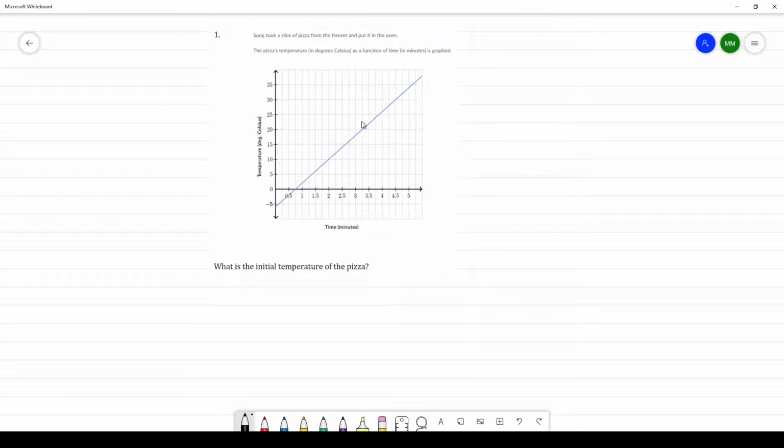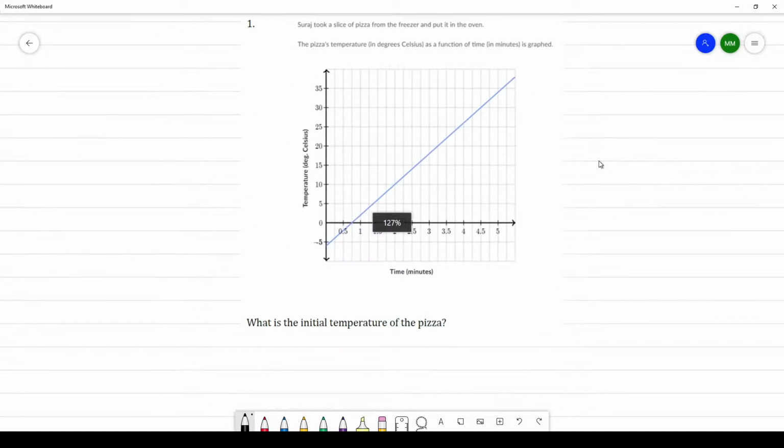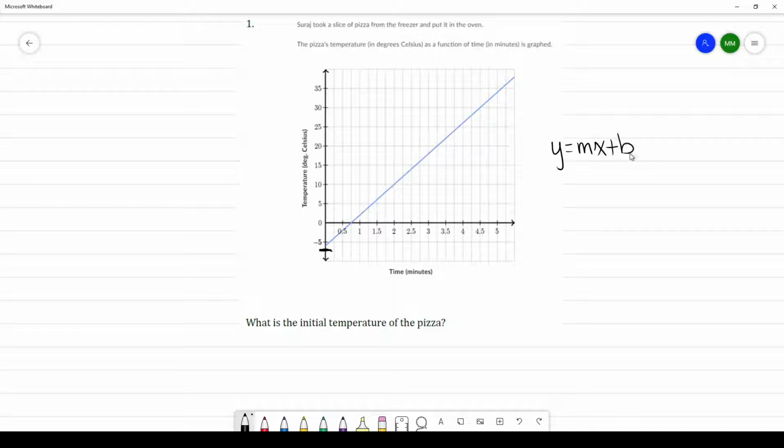But essentially, this one doesn't have a y-intercept. So when we try to use slope-intercept form, we don't really know what the y-intercept is. For this reason, we cannot use it. So what we must use is point slope form.